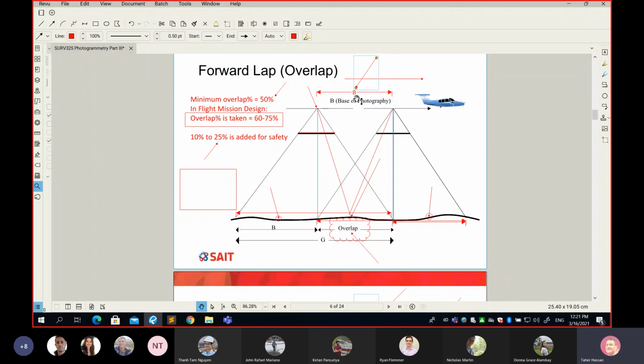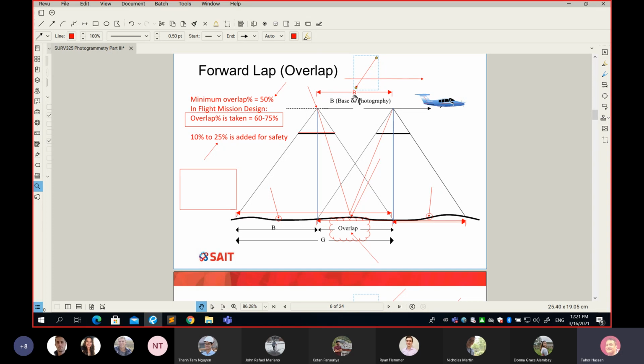And remember, the base of photography controls, if you know the speed of your aircraft, then you can find the time interval because you have an aircraft traveling at speed and you want your camera to take an image every specific interval. So anyway, I don't want to get into this business. I want to give you an idea of what happened 20 years ago. Based on these parameters, we estimate the base of photography.